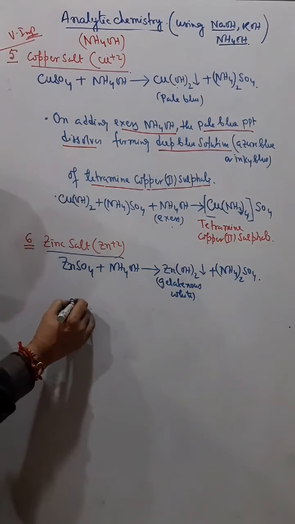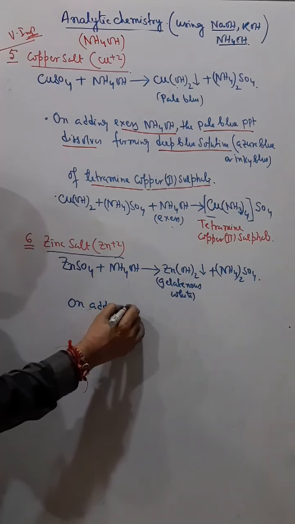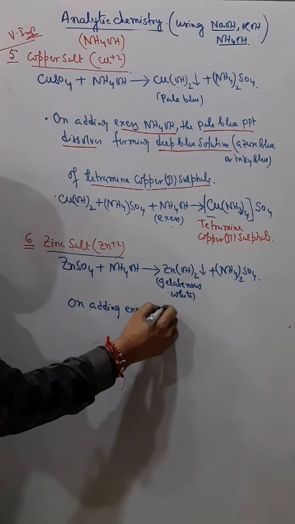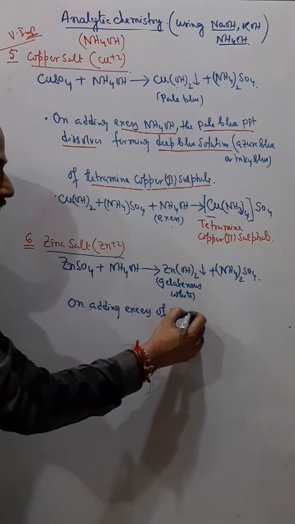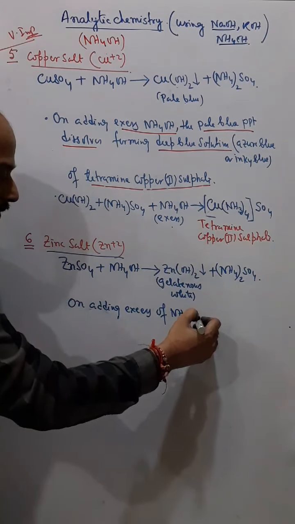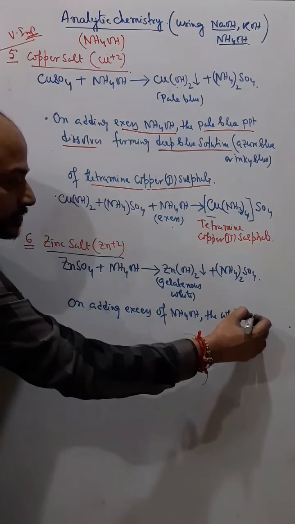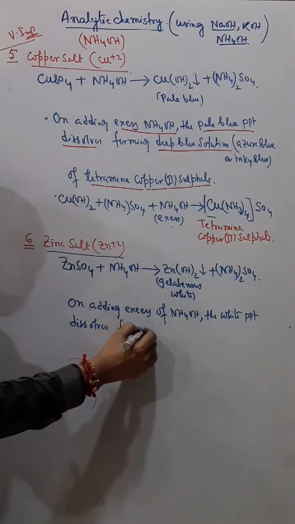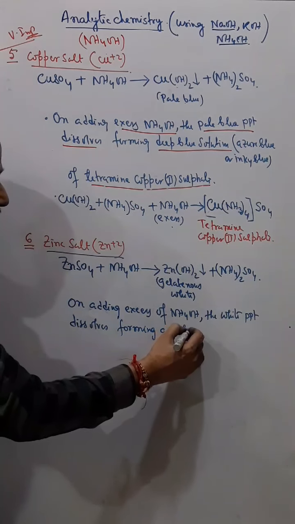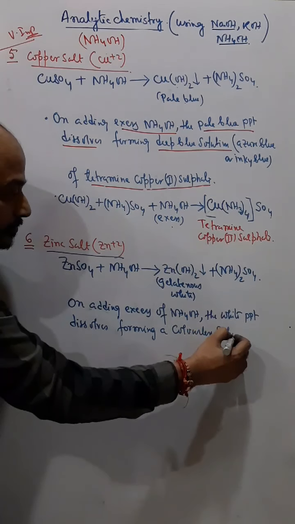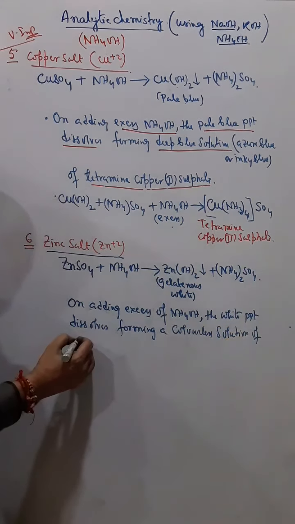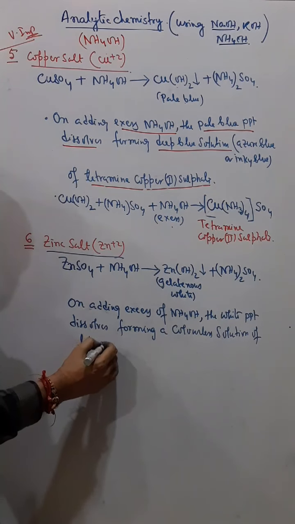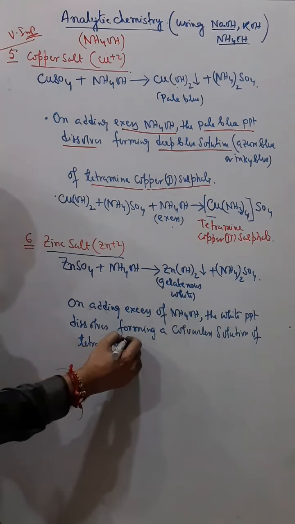So on adding excess of NH4OH, the white PPT dissolves, forming a colorless solution of tetramine zinc sulfate.